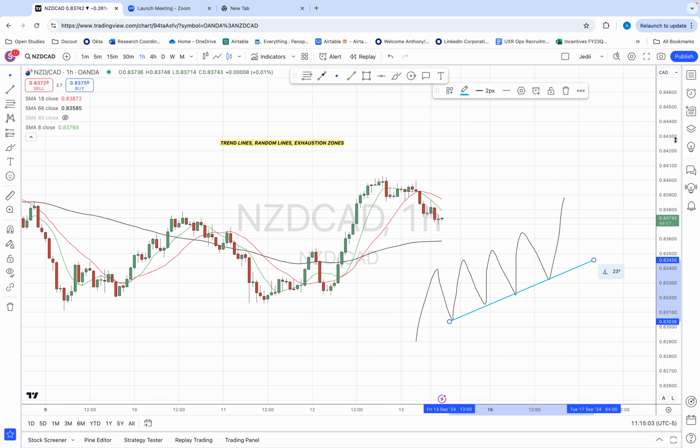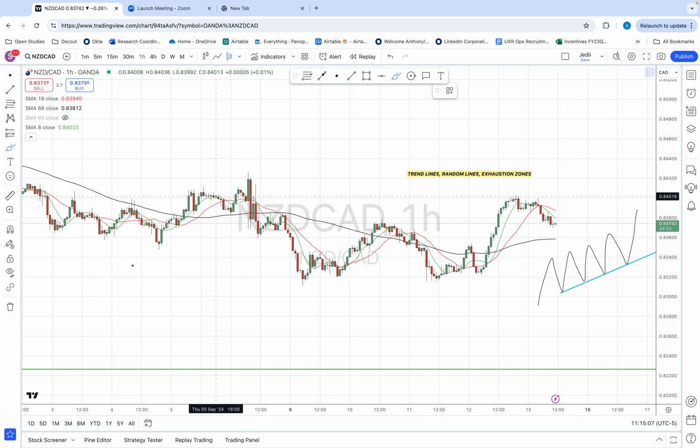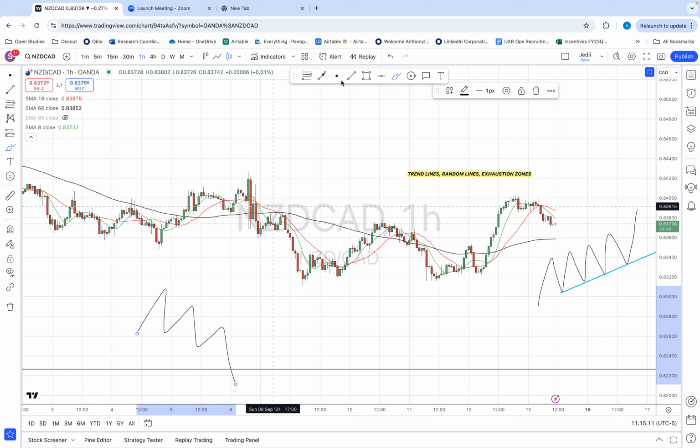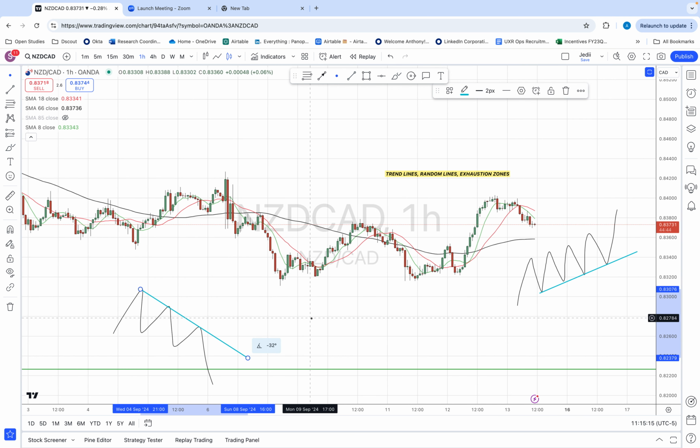So trend lines can go from the bottom of the market like that. They can also be drawn from the top. So like a downward trending market, something like this. Draw a trend line like that.